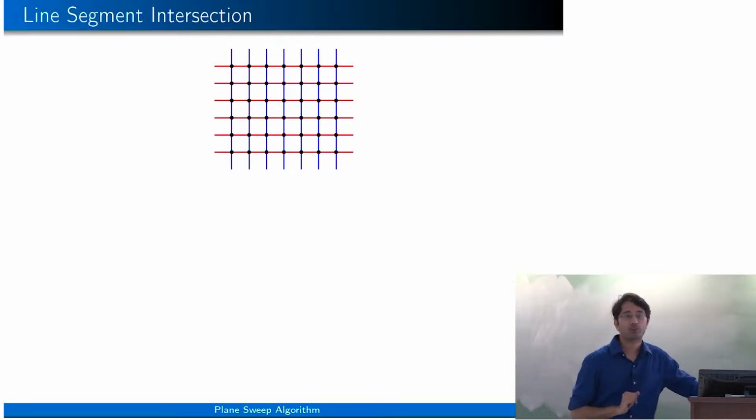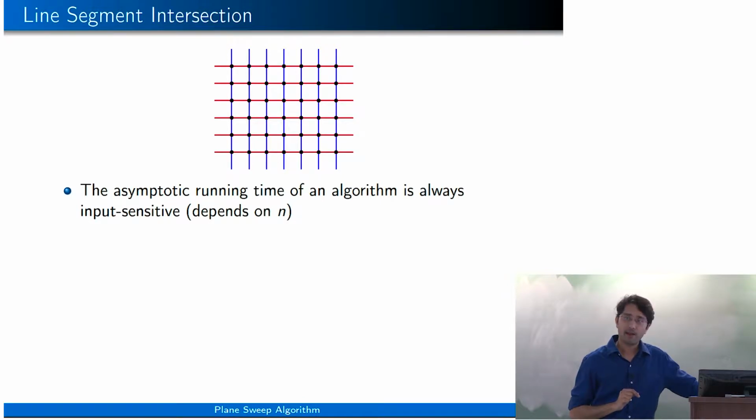But when I say that the runtime is order n square, because our mind is tuned to think in that way, that the runtime of an algorithm has to be measured with the size of the input.